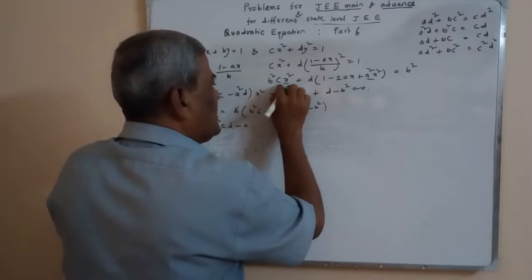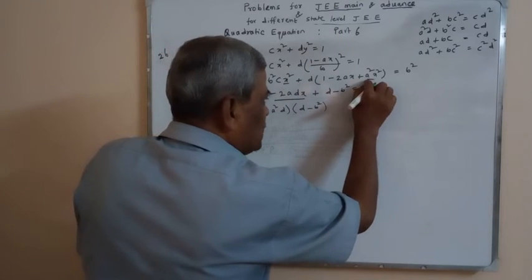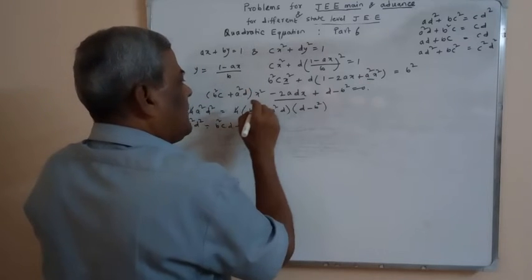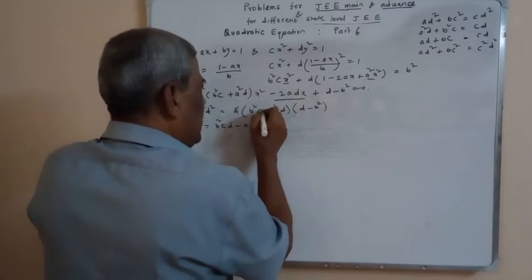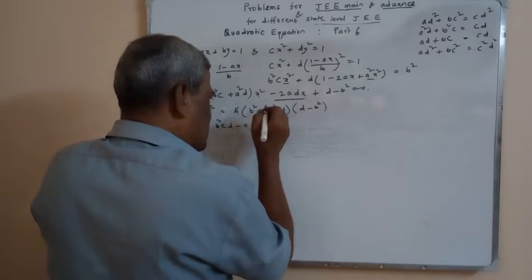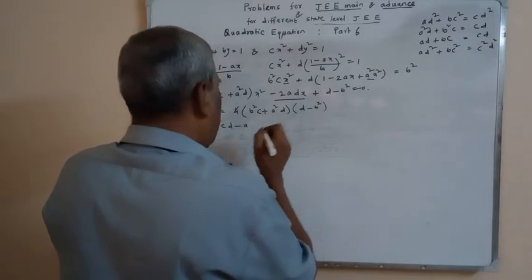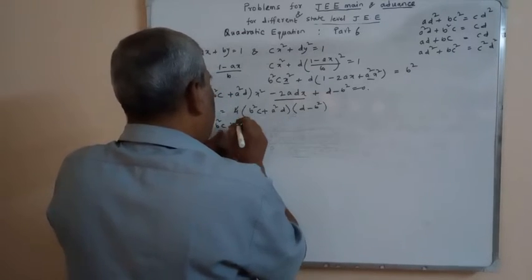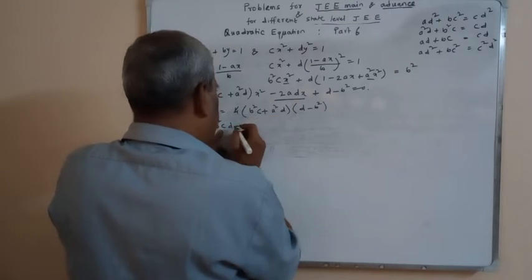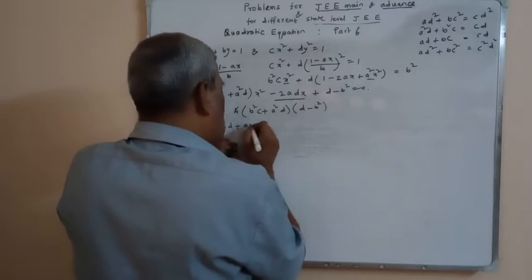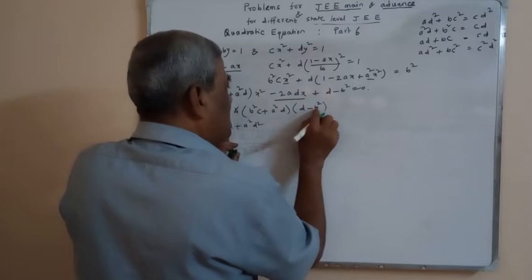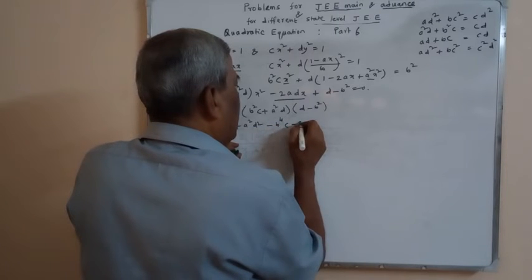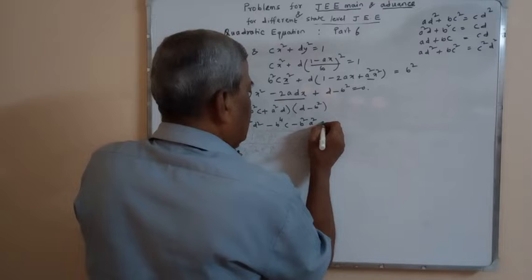Sorry, this should be plus. So once again it is plus. So it is a square d square is equal to b square cd plus a square d square, then multiply with minus b square, minus b to the power 4 c minus b square a square d.